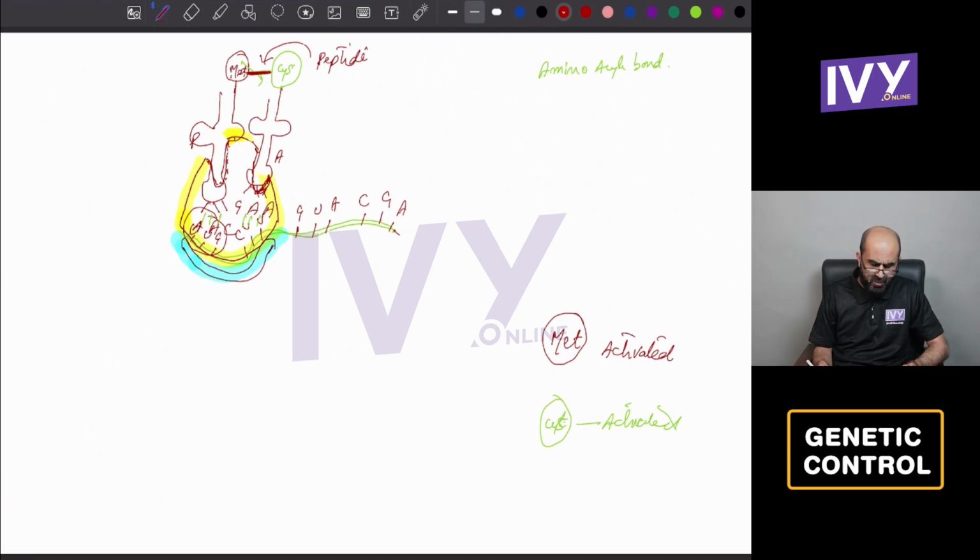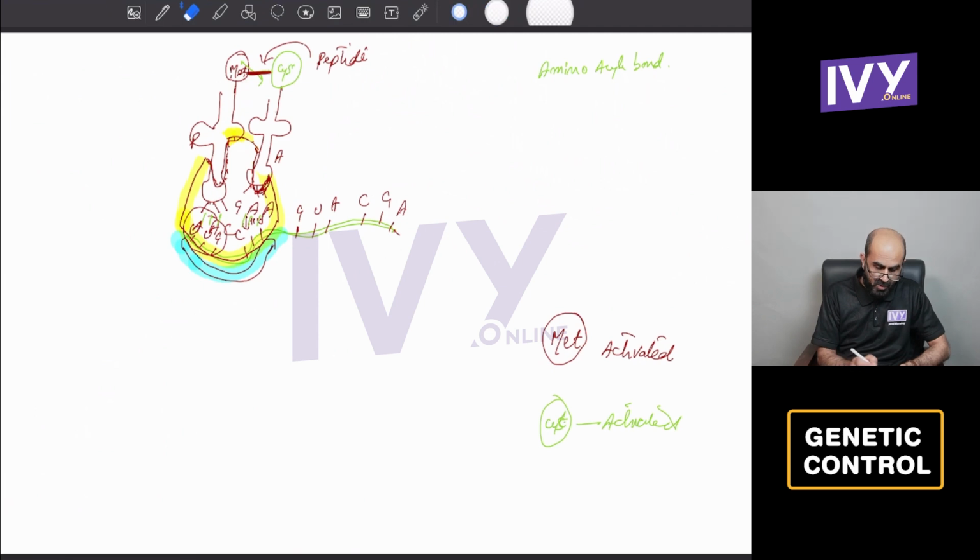Once the peptide bond and the hydrogen bonds have formed between them, the bonds between the first anticodon and the codon on the messenger RNA at the P site are broken down, and also the aminoacyl bond is broken down.